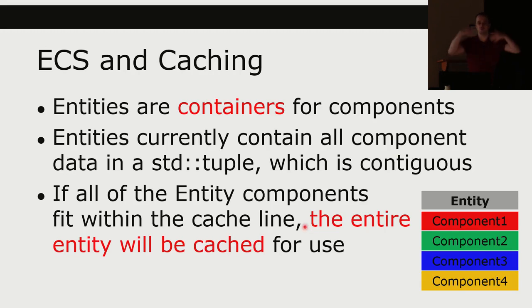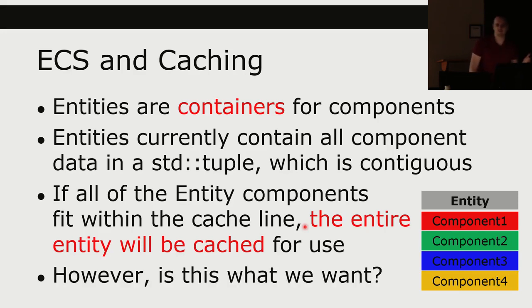We'll look up an entity, and that's a cache miss, so it takes 200 cycles or whatever. But now, because we've stored the data for the entity contiguously, when we look up the first component, the second, the third, the fourth, all of those will likely be cache hits, which is great, right? We want that to happen. That will be really good. Or is it? Is this what we really want?